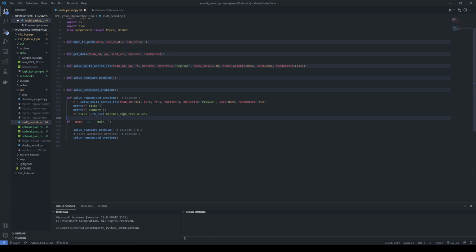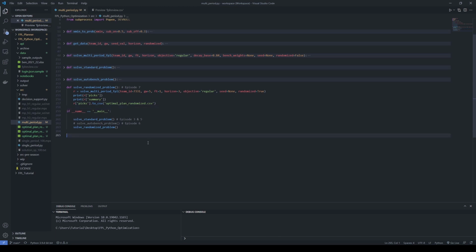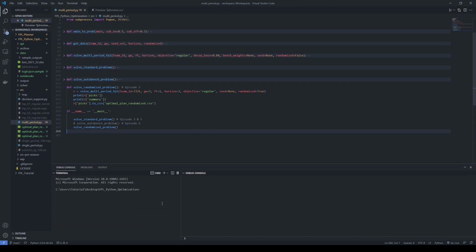Here, instead of optimal plan regular, I will say optimal plan randomized. I think it will also print the picks and summary for us, so we will see which players are getting added. Okay, let's see. So here I will go under source and then run multi-period.